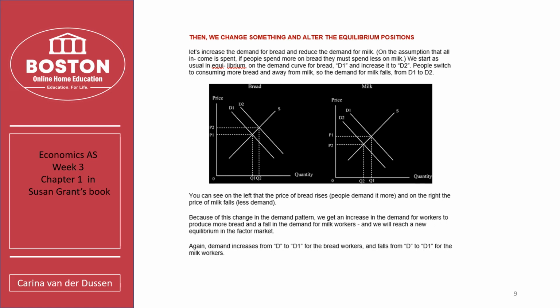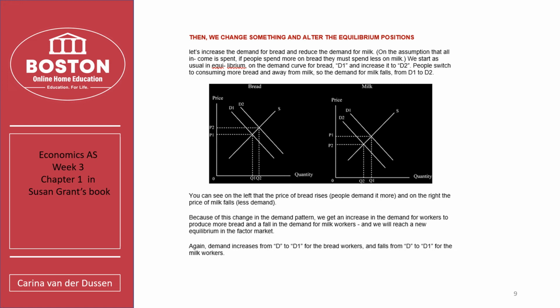So now they're spending more money on bread, so they will have to spend less money on milk. So your demand curve for milk, without price changing, price hasn't changed yet, there was suddenly a lower demand for milk. And a lower demand for milk with the same amount of milk, the price is going to go down. Because now the farmers are sitting with this milk and they want to sell it, and now they are willing to sell it at a lower price.